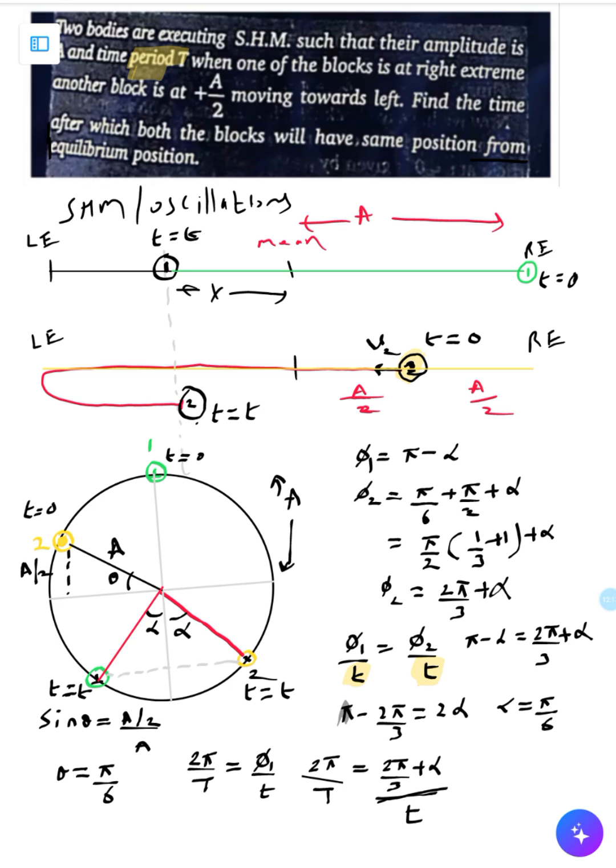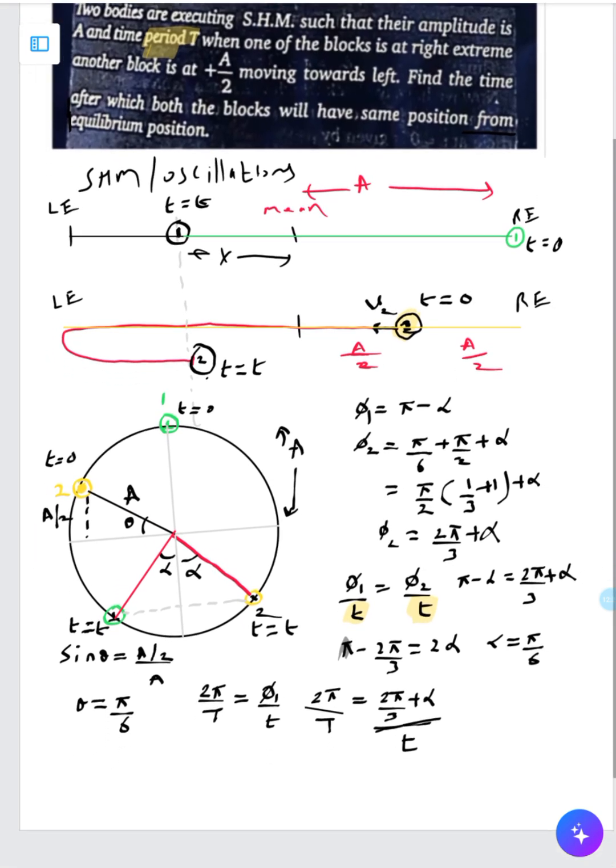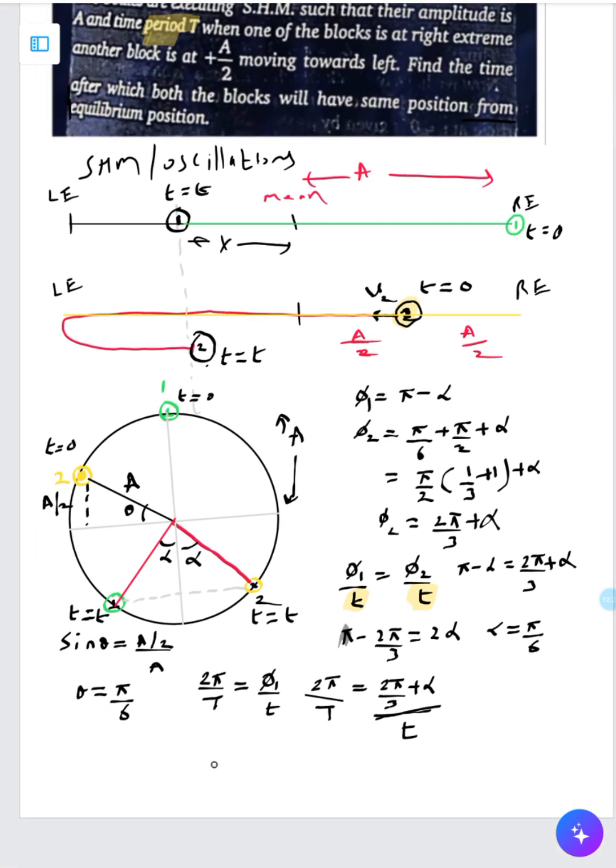I have to further simplify this. This will be 2 pi by capital T.